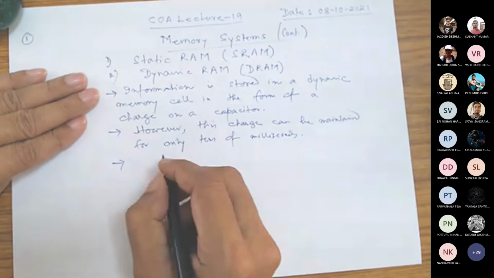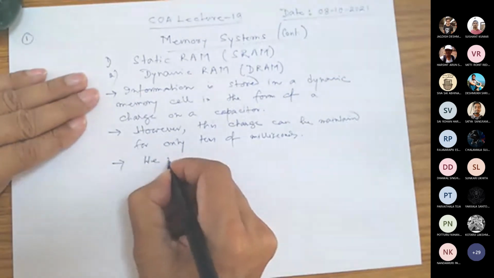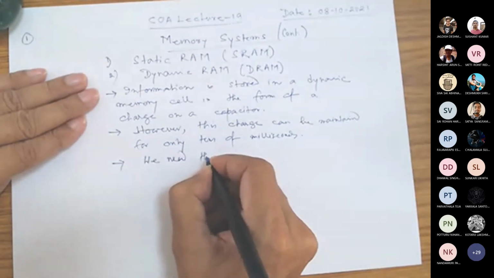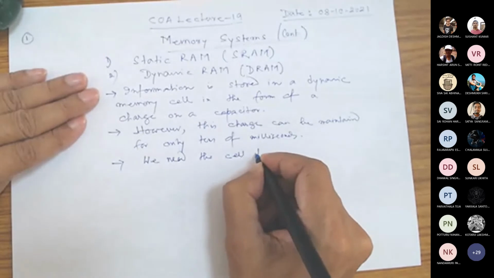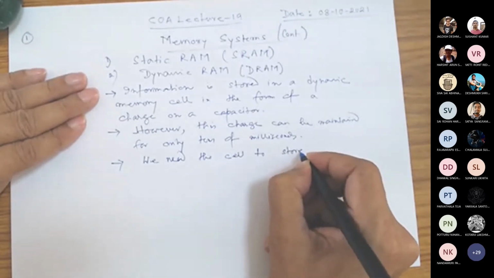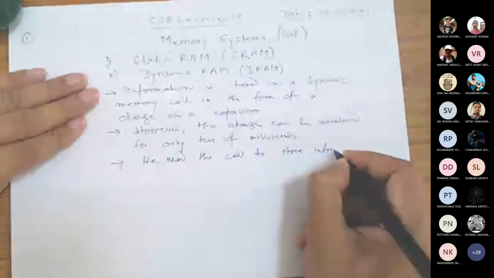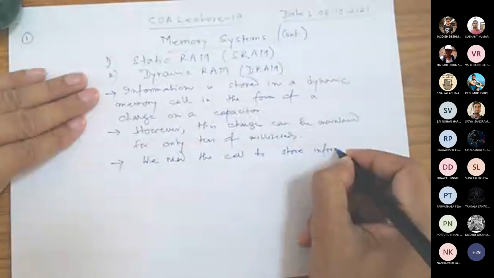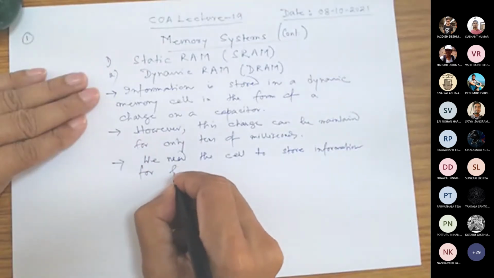But the original requirement is we need the cell to store information for a longer period.